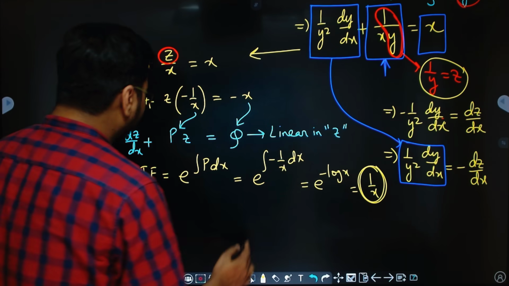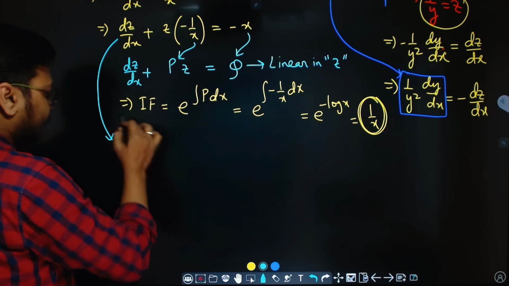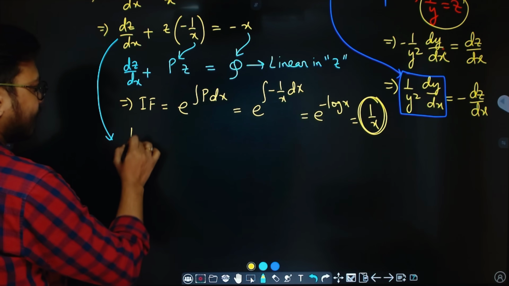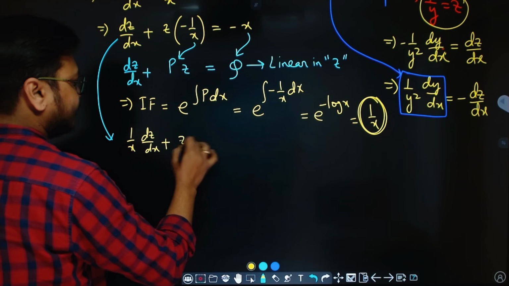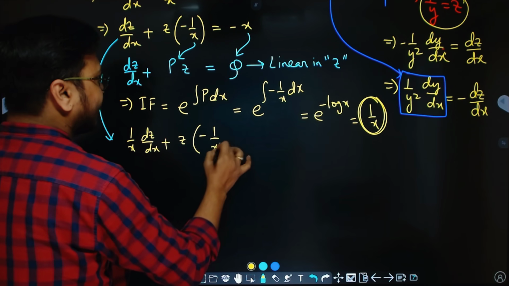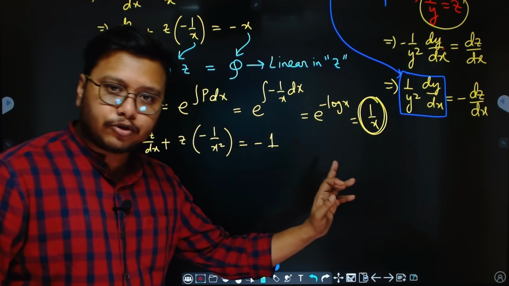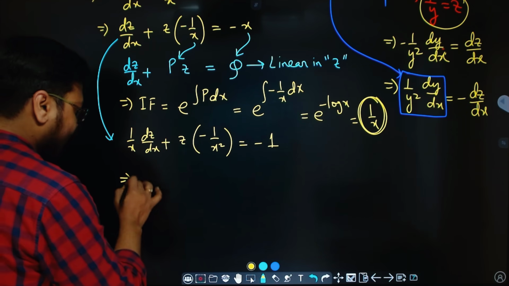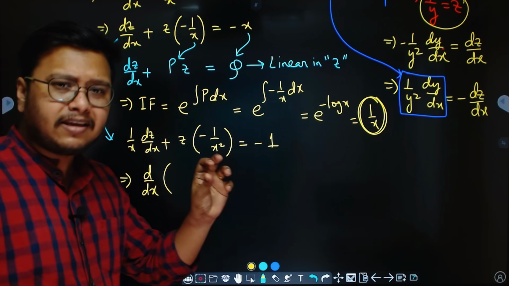Now again we're just going to multiply the integrating factor on both sides. So on both sides of the differential equation, if I multiply the integrating factor, 1 by x dz/dx plus z minus 1 by x square equals minus 1. Now we know the solution format of this, so the solution format is going to be d/dx of, instead of y here we have z.